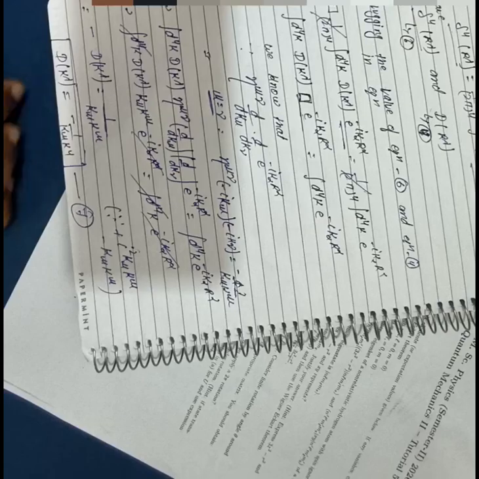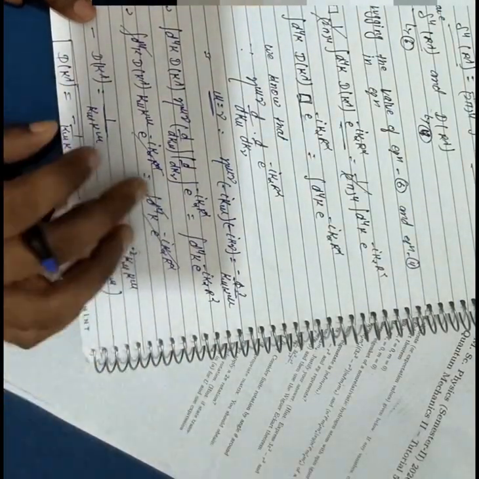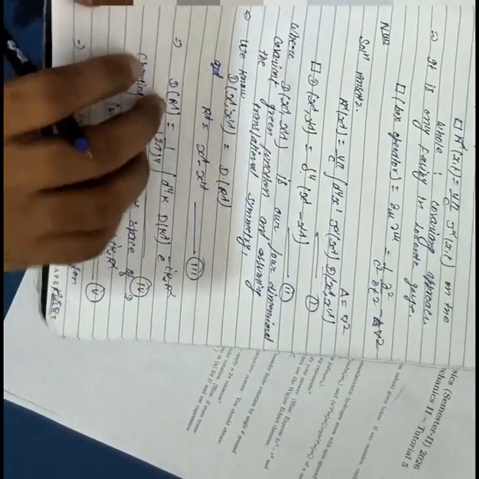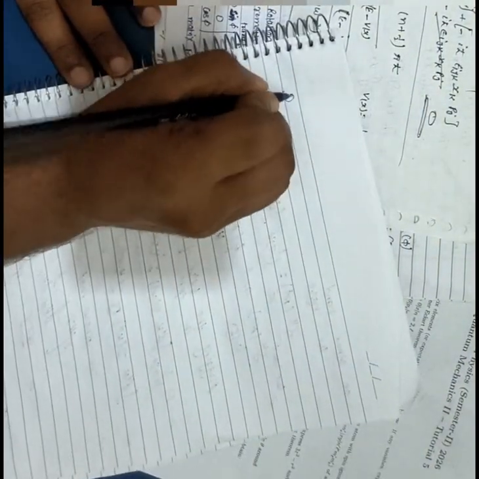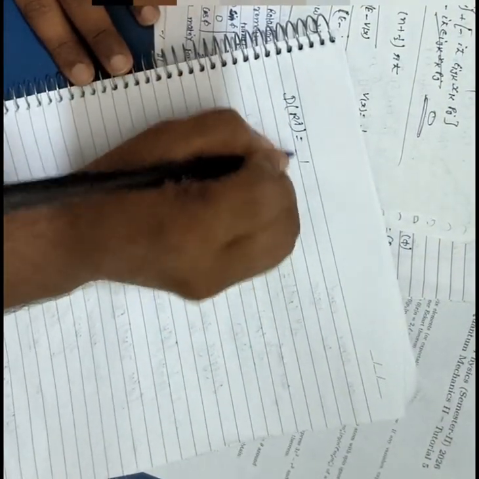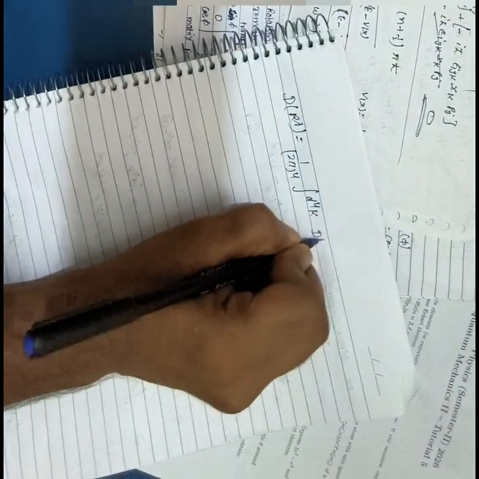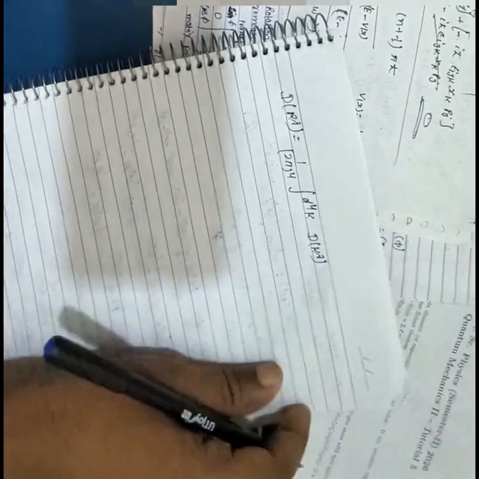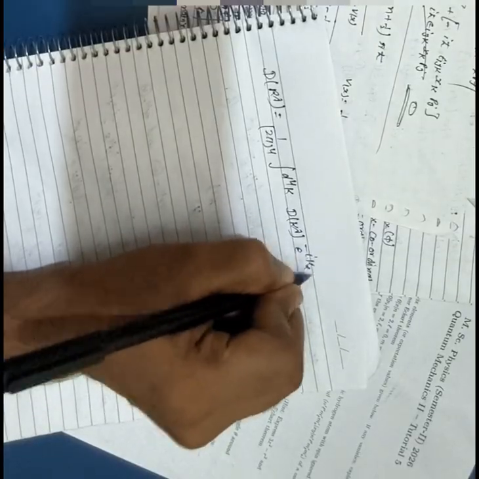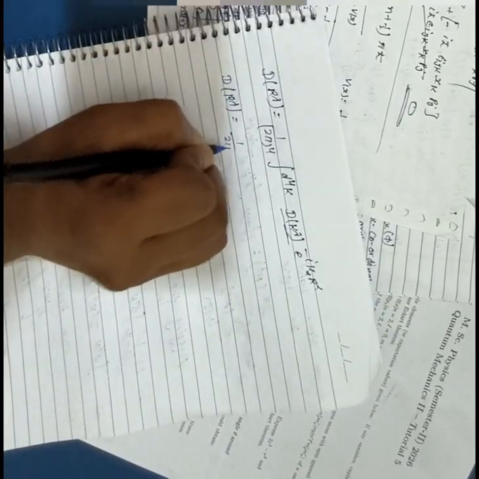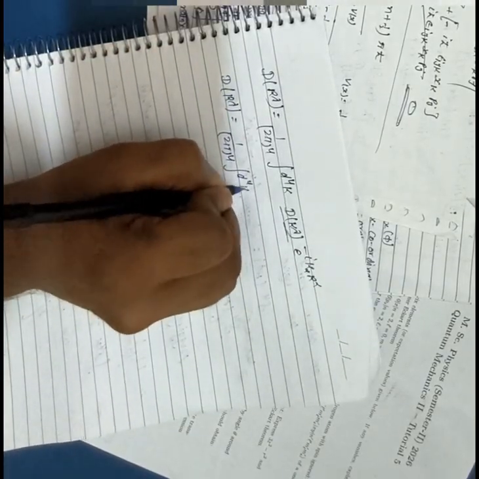Now put the value of D(k_λ) in our equation number 4 here, so it will become D(r_λ). D(r_λ) equals 1 by (2π)⁴ ∫d⁴k D(k_λ) into, now put the value here, equals 1 by (2π)⁴ ∫d⁴k.